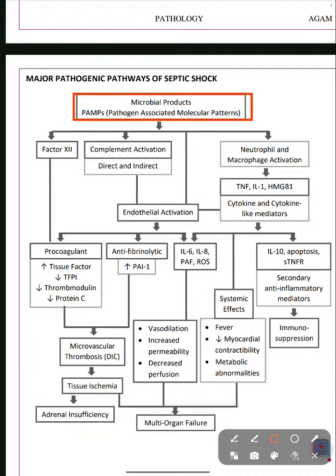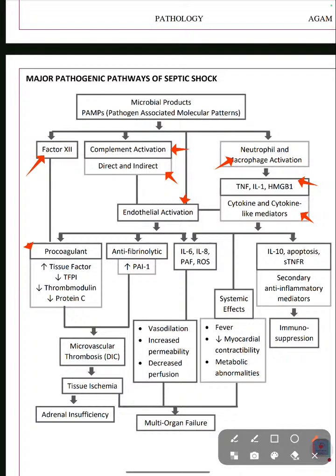Here there is a microbial product, because of that there is activation of factor 12. Activation of factor 12, complement activation, either direct or indirect endothelial activation, neutrophil and macrophage activation leading to TNF, interleukin 1 and cytokine-like mediators activation. After that, what will happen?